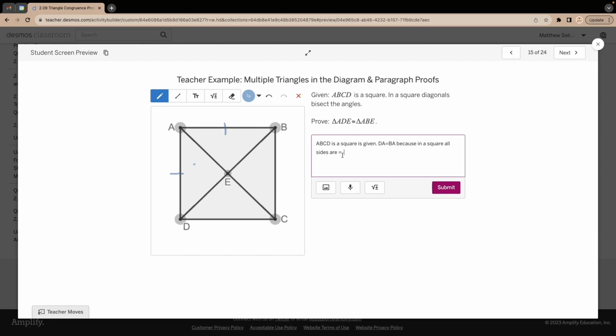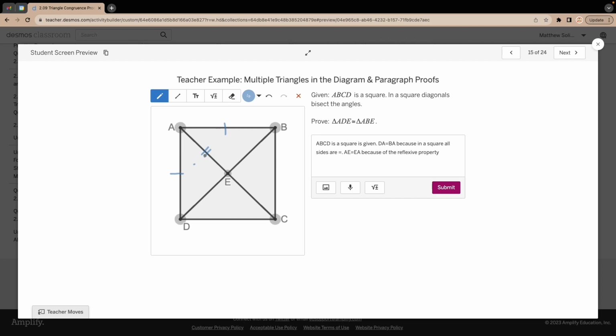Okay, there's one side. I also know that AE is equal to EA. This side is equal in both triangles because of the reflexive property. So there's 2 things that are equal. I'm going to just clean that up a little. So that's the reflexive property.